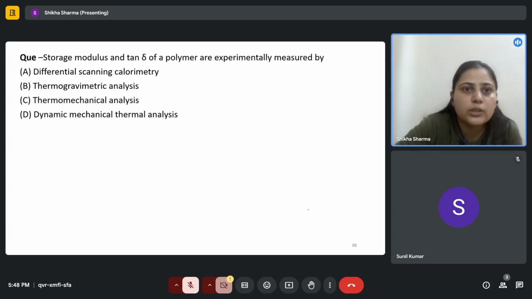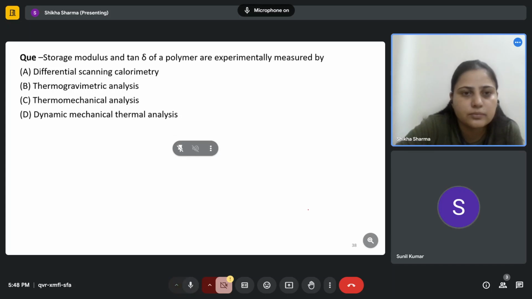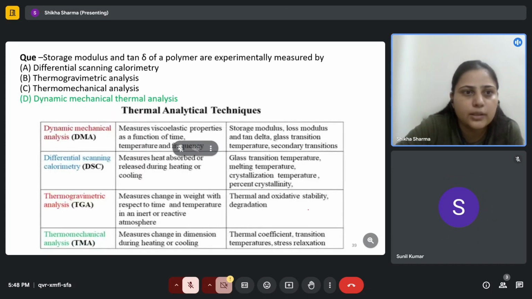So how do we calculate the storage modulus and the loss tangent experimentally? Yes, you are correct. The option D is correct.